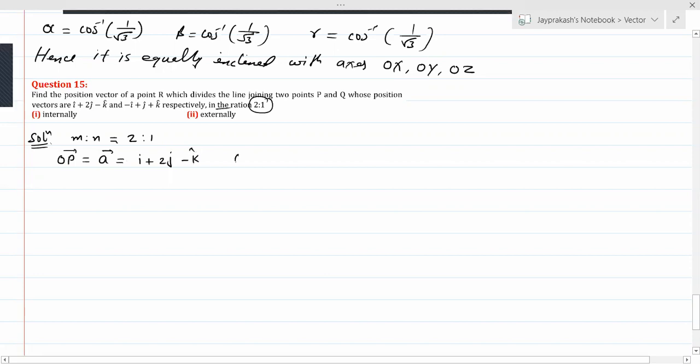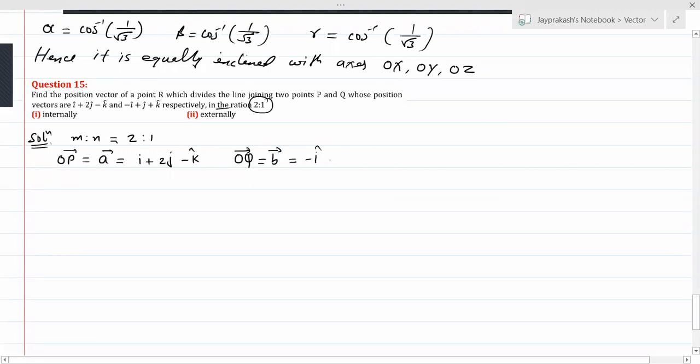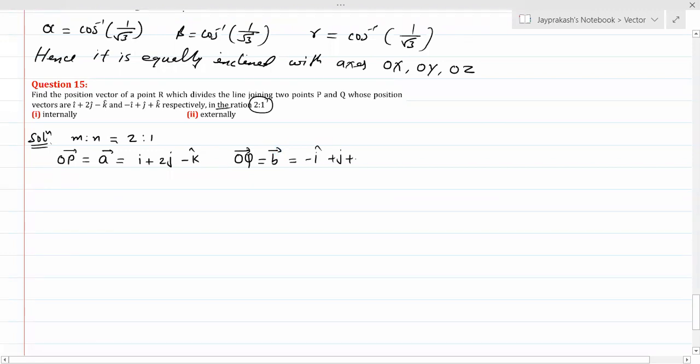And the second position vector OQ as vector B, which is minus i plus j plus k.